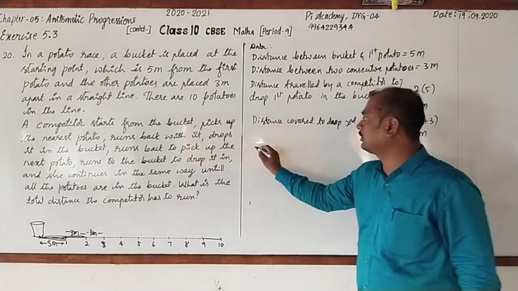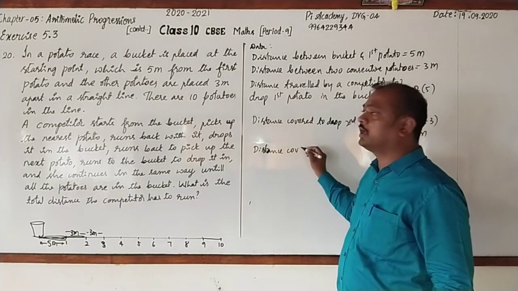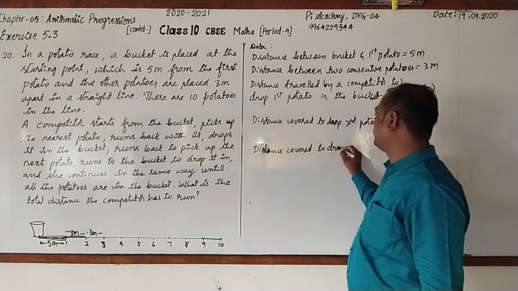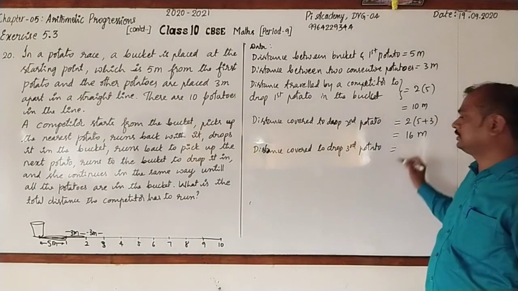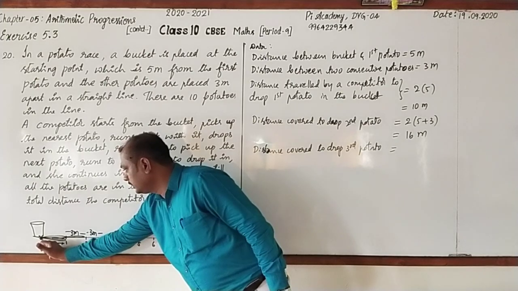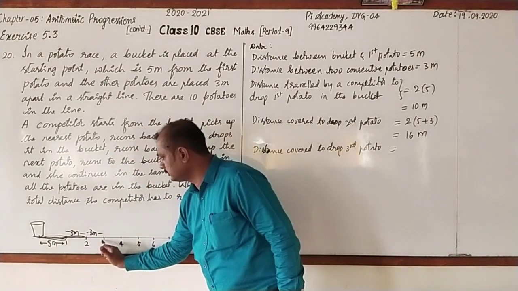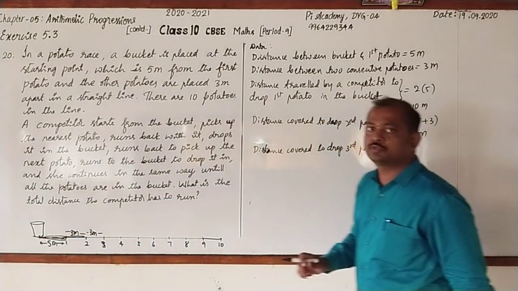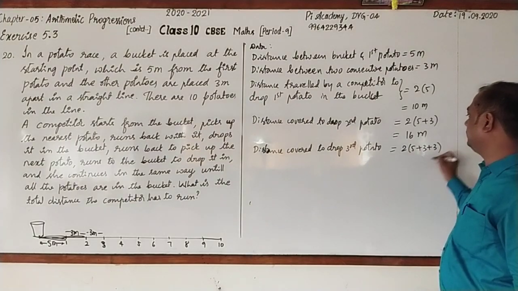I take one more. Distance covered or traveled to drop third potato in the bucket. Now see that. From here 5 meter, 3 meter, 3 meter. Next 3 meter, 3 meter, 5 meter. So 2 times 5 meter plus 3 meter plus 3 meter.